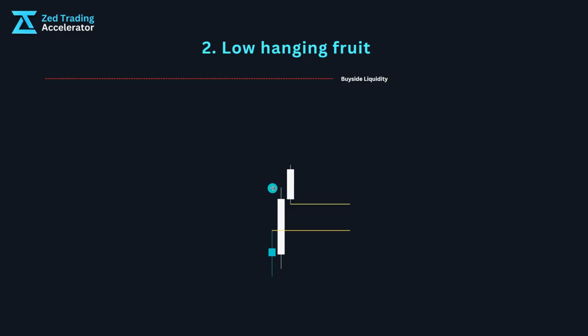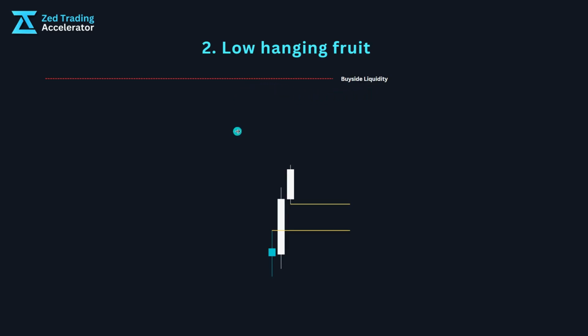As we can see, the price closed above the second candle, which means this is a breakaway gap. Alright? The price will most likely not retrace back into. The price will most likely go up higher because we have a very near buy side liquidity right here.